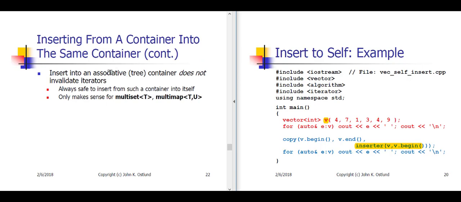Now, if you have an associative or tree-structured container, then all of the values are allocated as individual nodes hooked together by pointers, and it turns out that it's always safe to insert from an associative container back into the same container. Although, if you have a set and you take an element from the set and insert it back into the set, since the set doesn't allow duplicates, nothing will happen.